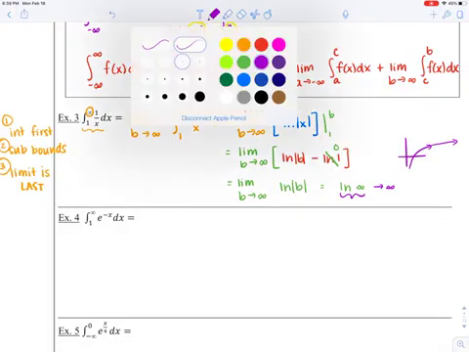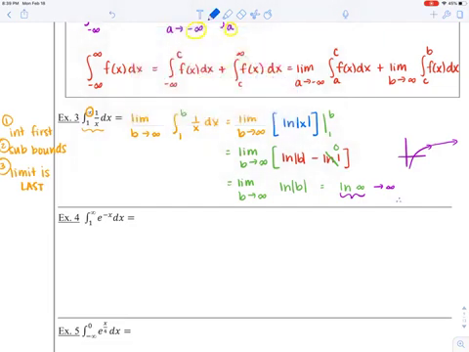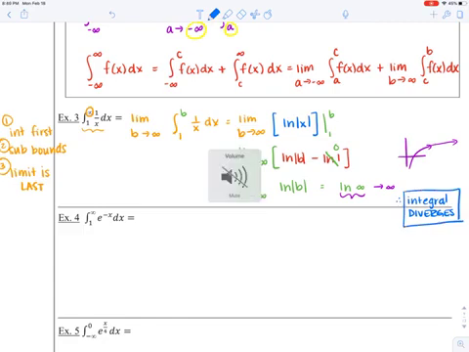So we're going to say our conclusion is that the integral diverges. And we can't just leave our answer as equals infinity. Your answer is that the integral diverges. Your answer is not the infinity. The infinity provides me with the answer that the integral diverges.